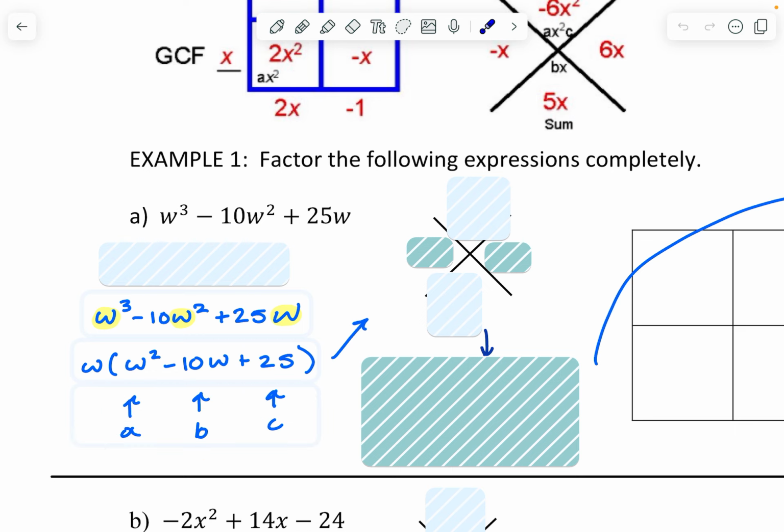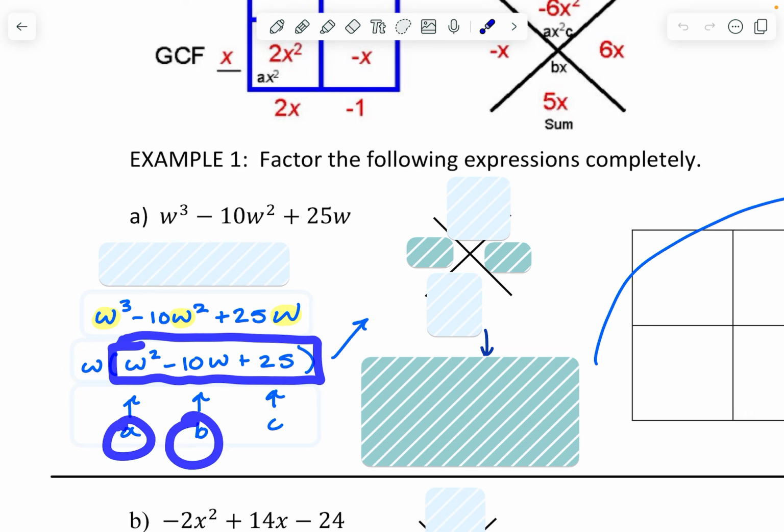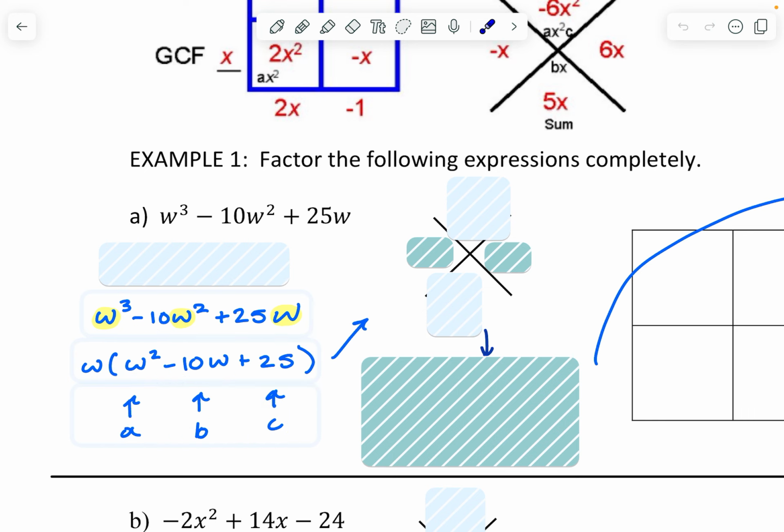Now, this w that was our greatest common factor is just going to hang on the outside and tag along the entire way. But look at what we have on the inside of the parentheses now. We have a trinomial. There's no longer a GCF. We have an a value, a b value, and a c value.